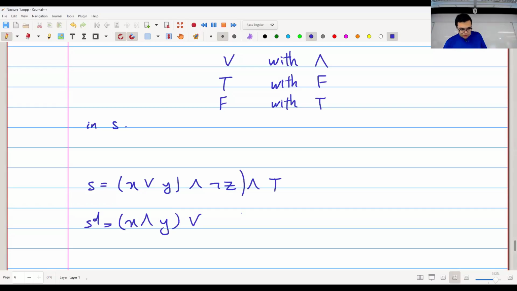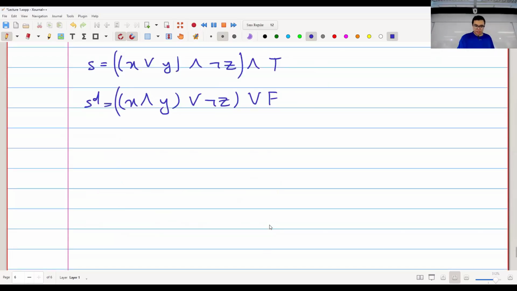Let me put this parenthesis here as well, just to make sure we have the same understanding of what this is. But if I have not Z, I just put the same thing. So not Z, but true becomes false. So this is how I'm taking duals.